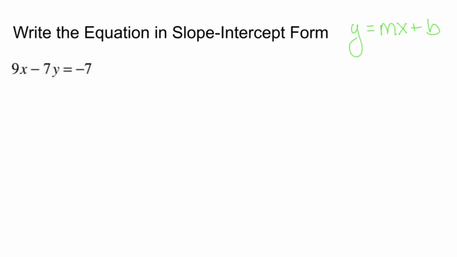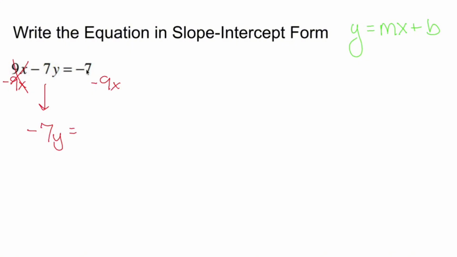What I'm going to do first is, if you have an x value floating around on the left, get rid of that first by doing the inverse operation. This is a positive 9x. I'm going to get rid of a positive 9x by subtracting 9x from both sides. That allows you to cancel out. What I then do is I drop down negative 7y equals.